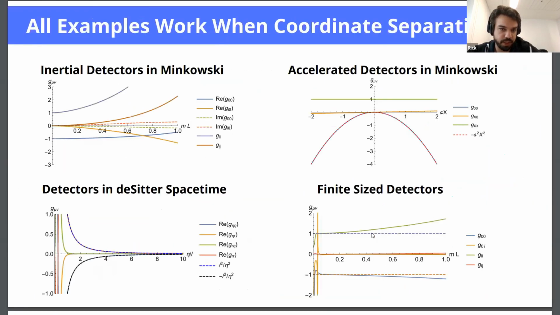It does depend on the examples that we did. So the first example that we did, which is this one essentially, we considered a massive field in Minkowski spacetime, right? And we considered inertial detectors evolving freely, probing this quantum field, separated by distance L. And what happened there was, if the distance is small enough compared to 1 over mass, then the effect of mass would not influence the result. Then we would be able to accurately recover the metric of spacetime, which is the 1, 0, and -1 for the diagonal and off diagonal terms, right?